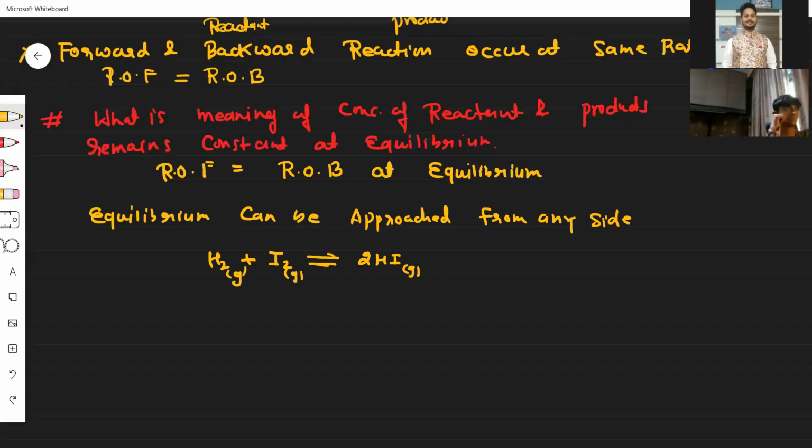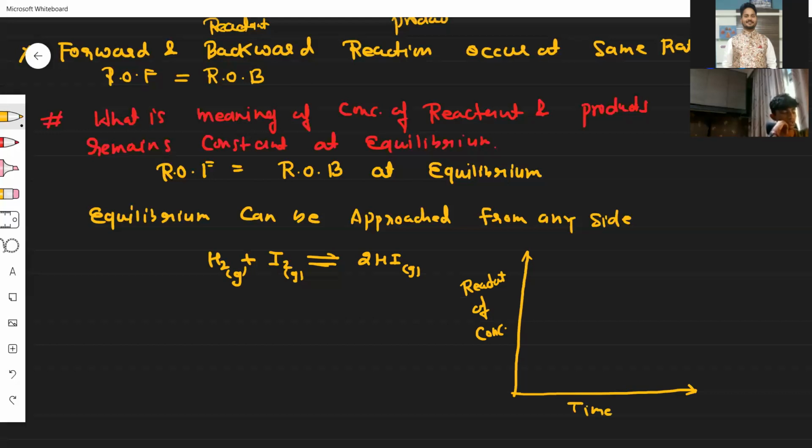So if I give you the graph, on the y-axis we have the concentration of reactant, and here we have the time.